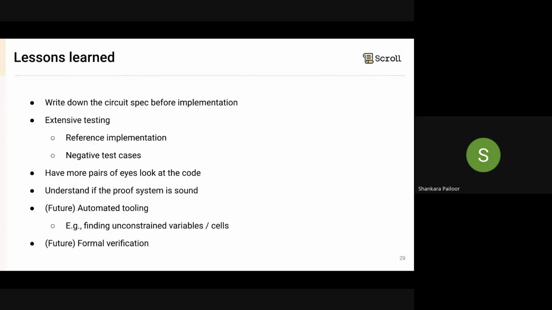Hi, Haichen. I have a question. I'm Shankara. It seems like you had to write 90,000 lines of code to build this ZK VM specifically for EVM. But presumably, if you later want to target some blockchain that's not EVM compatible, you might have to do all this work again.